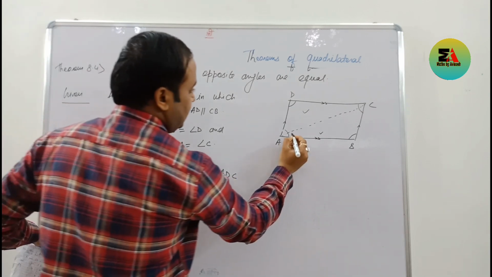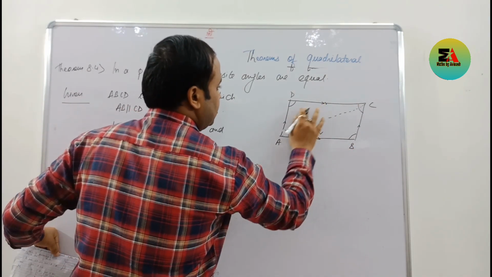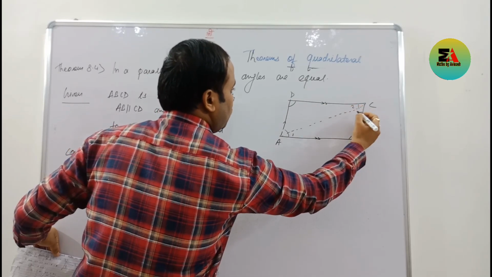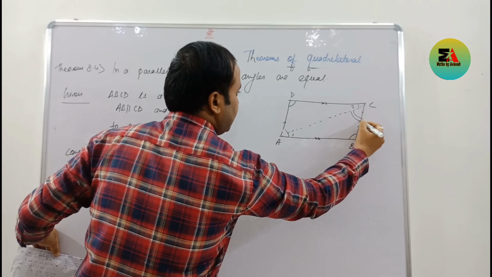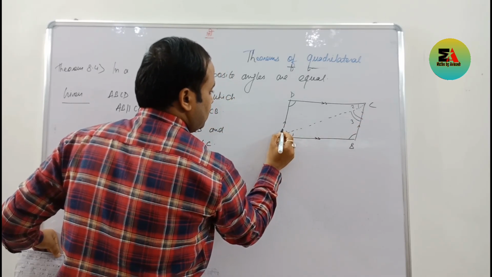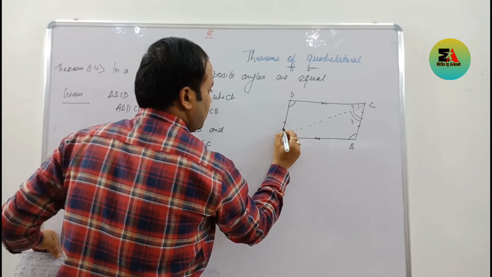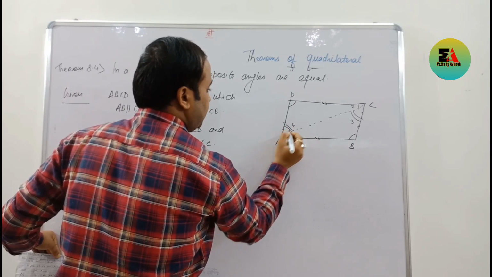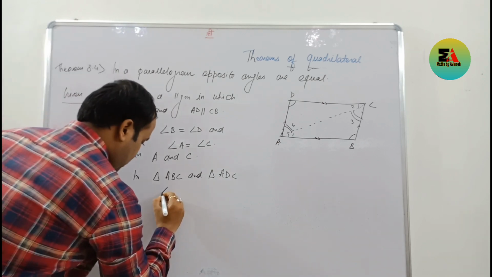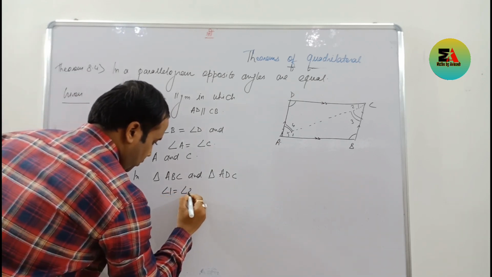This angle is represented by 1, this angle by 2, this angle by 3, and this angle by 4. First of all, you have to write angle 1 is equal to angle 2.